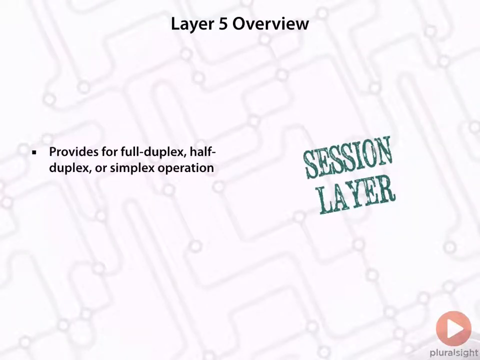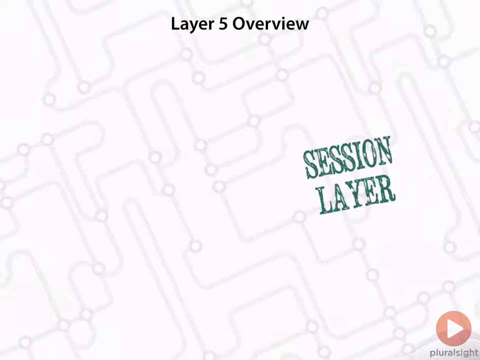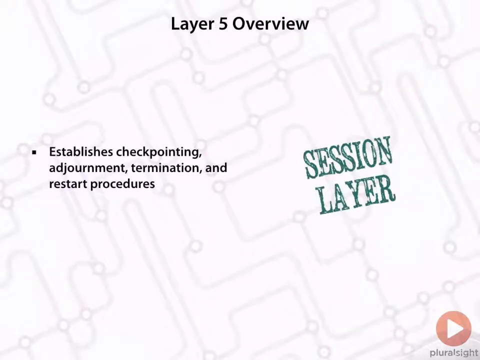So it provides full duplex connectivity, which means that it can transmit and receive at the same time. It can also provide half duplex or simplex operation, meaning we're only sending traffic in one way. It establishes checkpointing, adjournment, termination, and restart procedures as well.